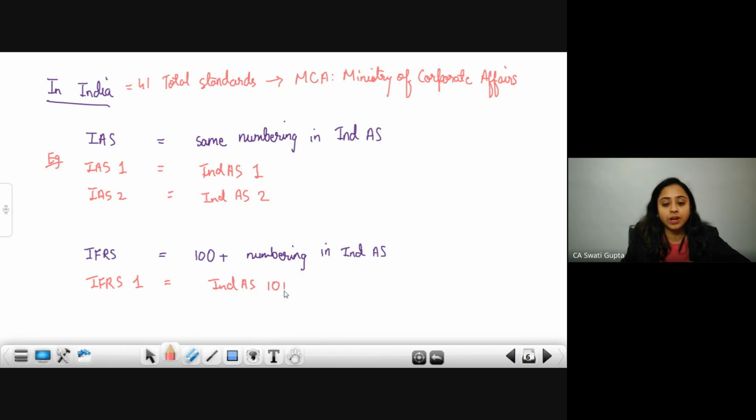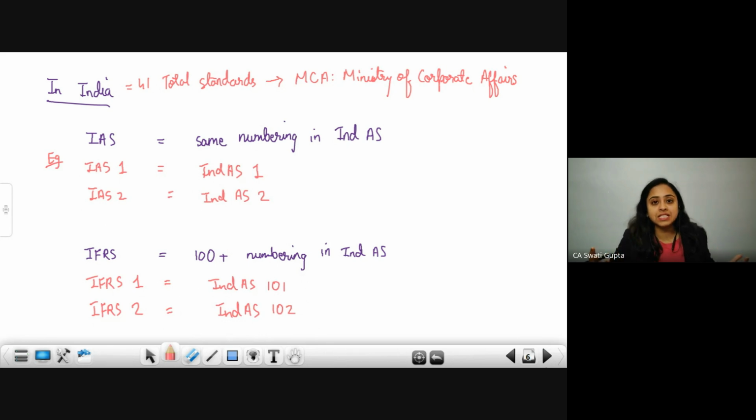For example, if it is IFRS 2, it will be Ind AS 102. Therefore, you could see that in our Ind AS you have numbering till 116, 117. Do not think we have 117 standards in applicability. The standards are only 41, out of which 39 are applicable currently. The numbering pattern is differentiated in order to segregate IAS and IFRS.